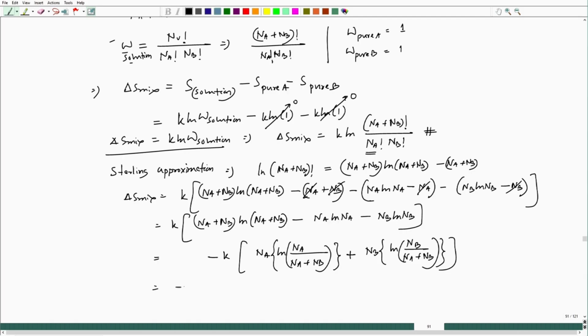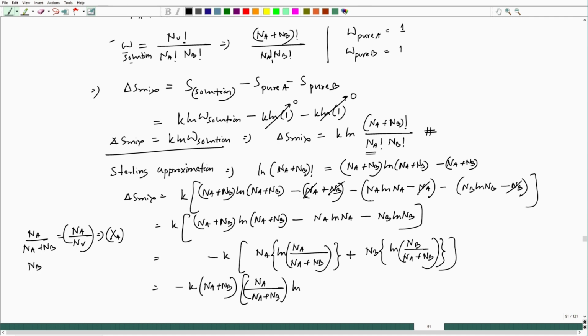Now I will multiply by (N_A plus N_B) here. Since N_A divided by (N_A plus N_B) is nothing but N_A divided by N_V, the Avogadro number, that is nothing but X_A, the mole fraction.